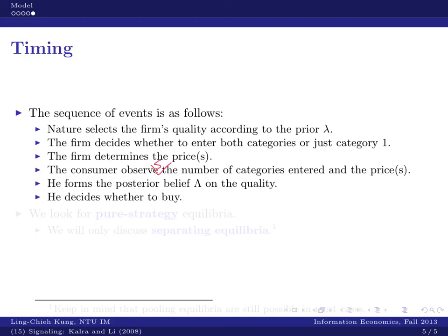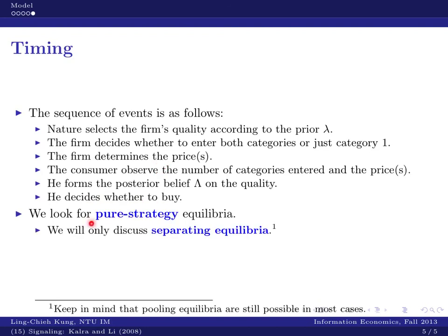With that, the consumer is going to form a posterior belief on the quality. For example, he may believe that he cannot tell it, or he may believe that the quality is high, something like that. Afterwards, the consumer is going to decide whether to buy, or whether the offer is good enough.